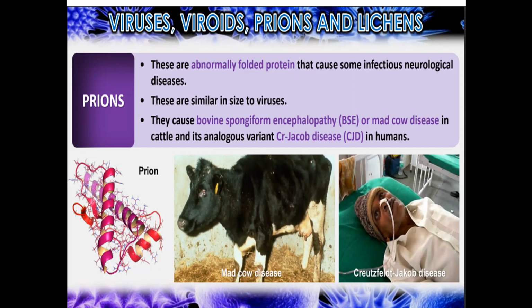Prions have only protein but no RNA-like structure. They are smaller in size than viruses. They cause bovine spongiform encephalopathy or mad cow disease in cattle, and an analogous variant of Creutzfeldt-Jakob disease in humans. So these are all similar.